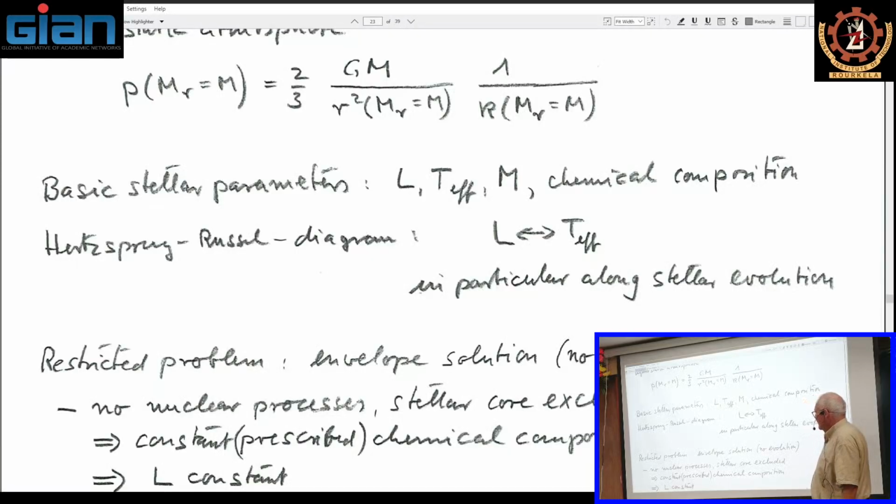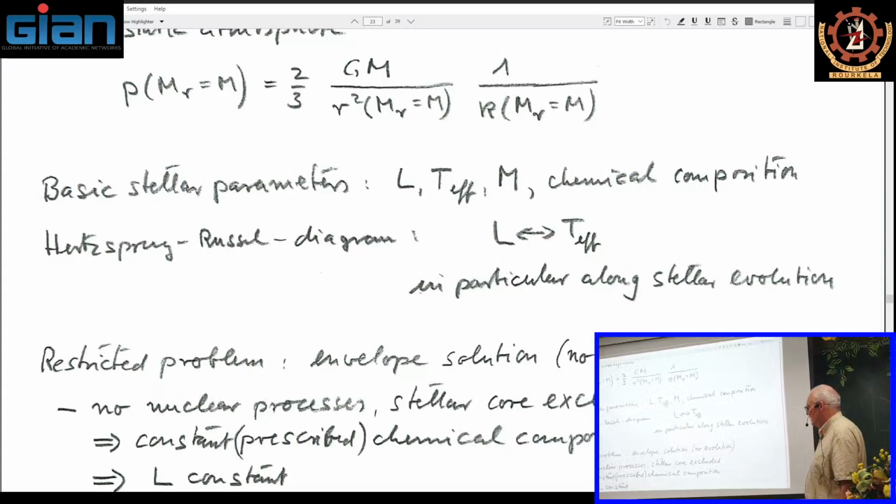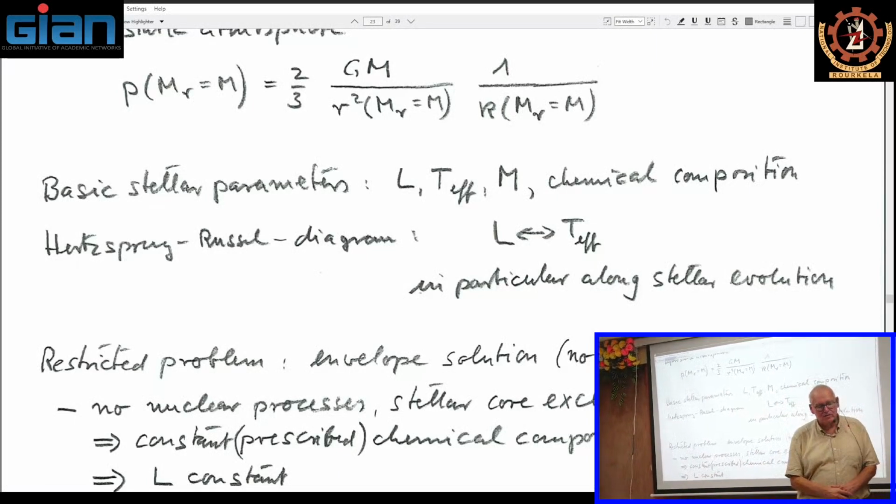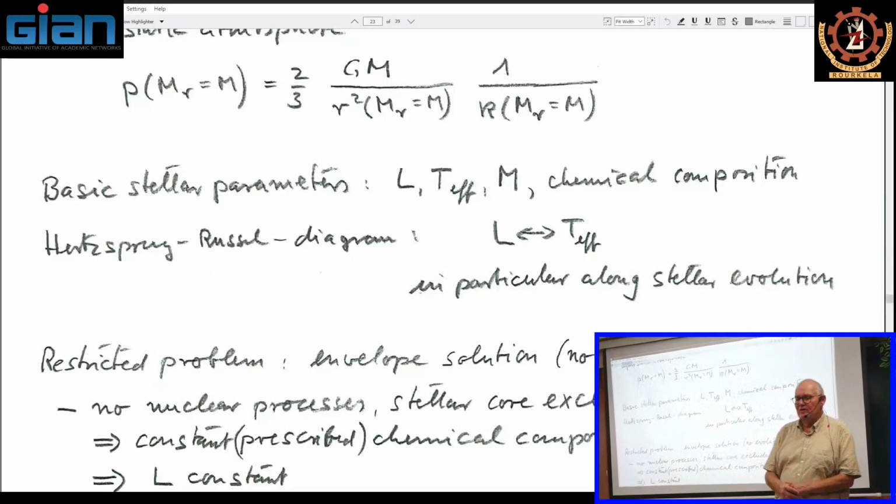You disregard the nuclear processes and you exclude the stellar core. All the stuff connected to nuclear energy production will be disregarded, and once you disregard nuclear processes, you automatically assume that your chemical composition does not change with mass.